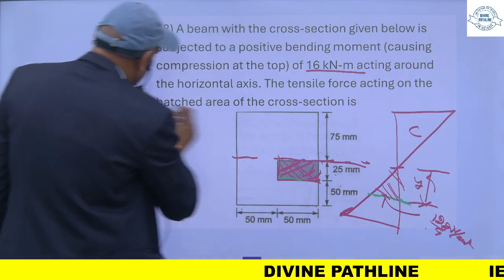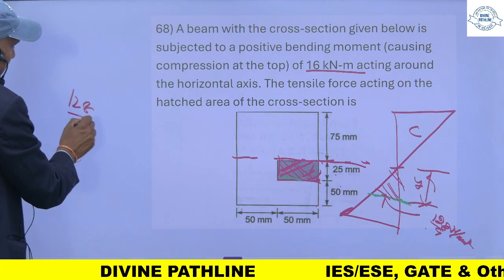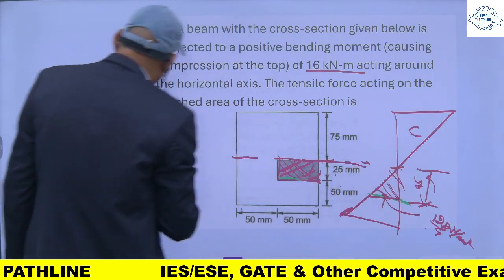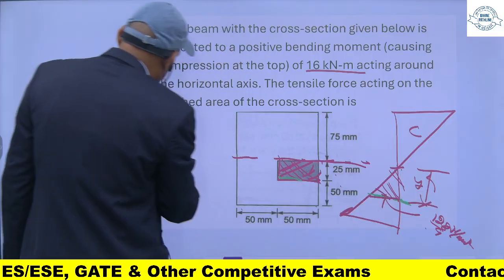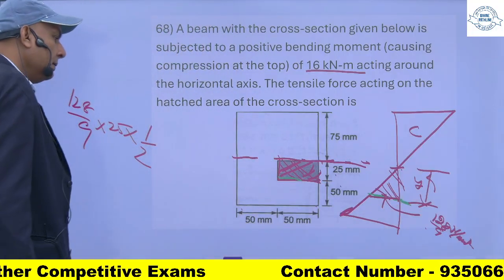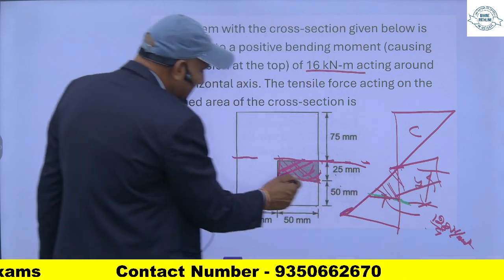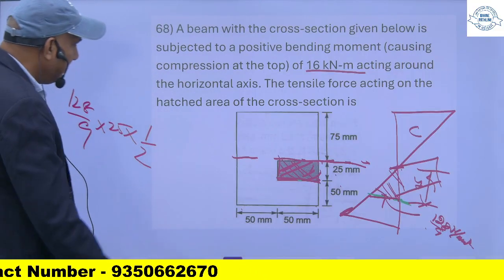This is 128 upon 9, into this Y, which is 25, multiplied by 1 by 2. You will get the area of this triangle, and this is multiplied by the width. This width is 50 mm.